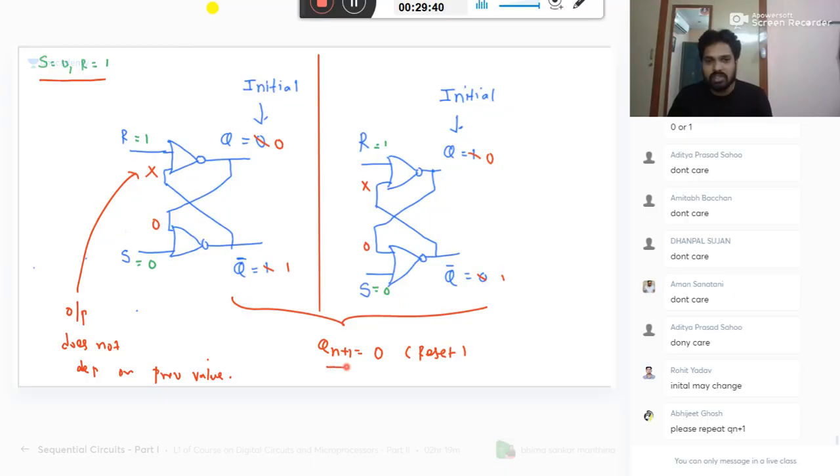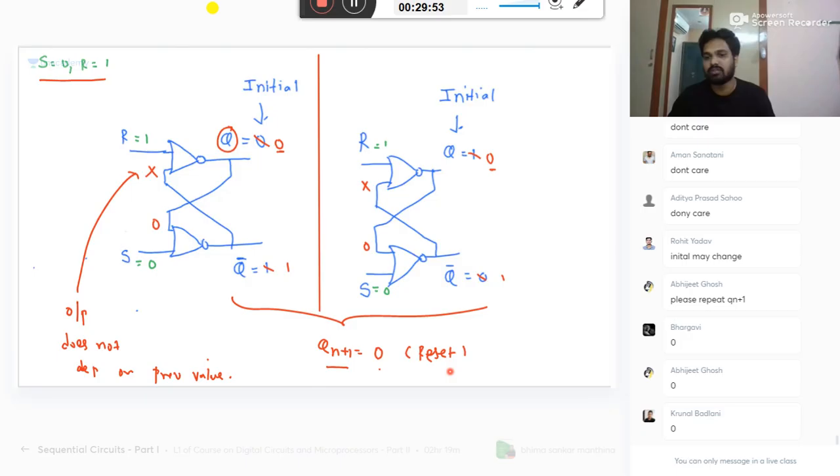What is Qn+1? After applying your input, what is your value? Finally, how much are you getting in both the cases? Abhijit, what are you getting? 0. That's what I write. 0 is named reset, 1 is named set. Shall I proceed further?